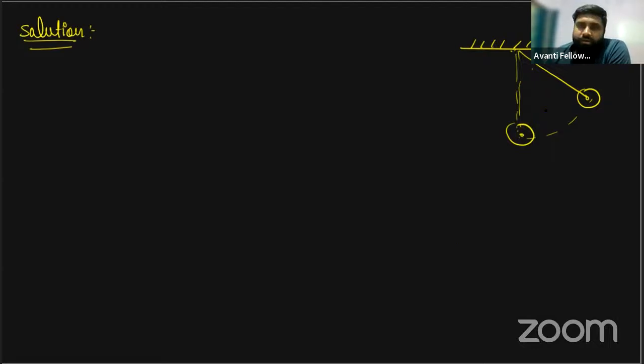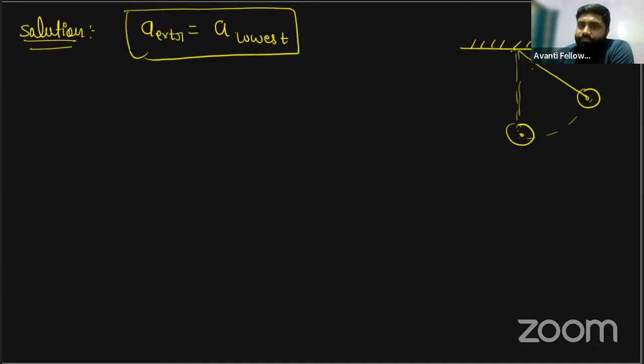Okay. So acceleration at the extreme position is equal to acceleration at the lowest position. This is the thing that is given to you. Now, we will consider that the length of the string is L, and the mass of the bob is M.